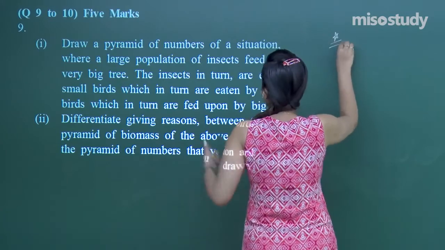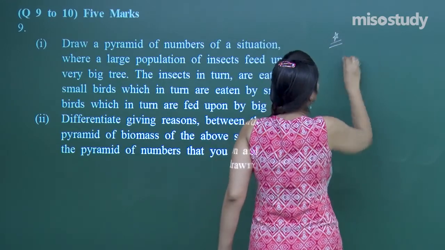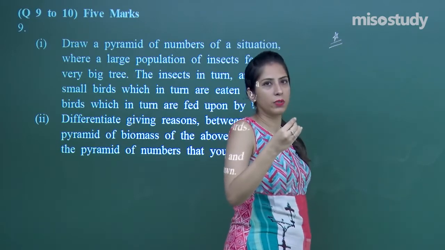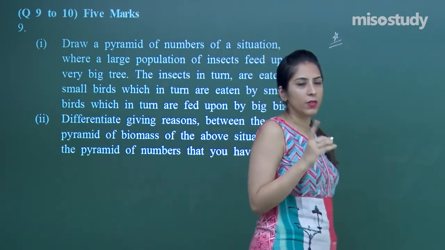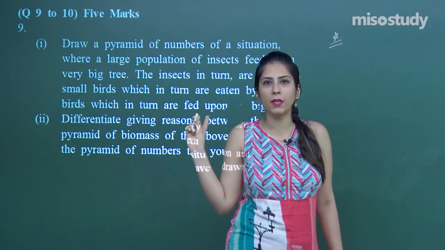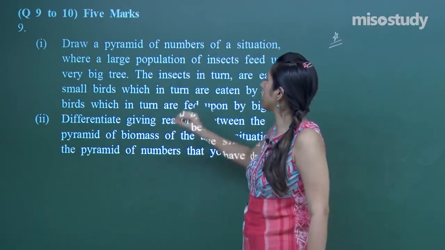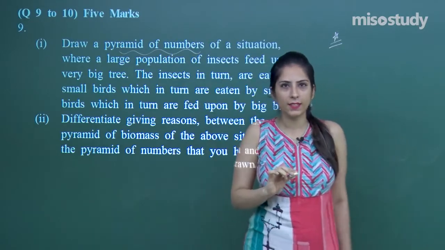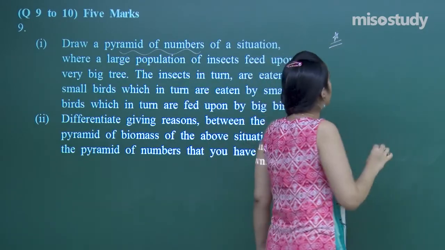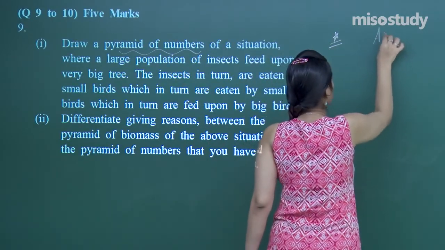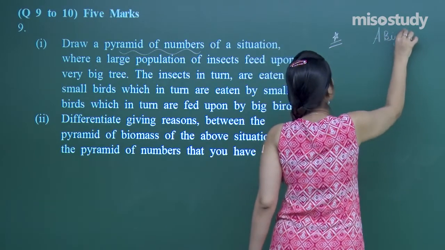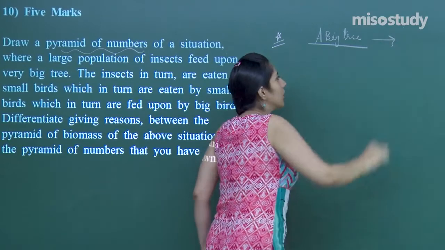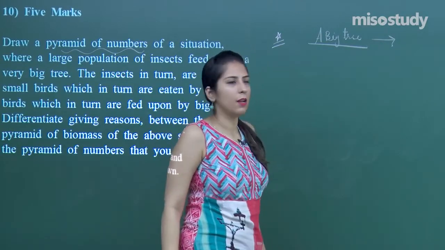When we talk about nutrient cycling, what is happening? The energy is transferred. When energy is transferred, they are discussing pyramids, and here they are discussing the pyramid of number. So, let us understand what they are saying. A big tree is there. On a big tree, thousands of insects are present.